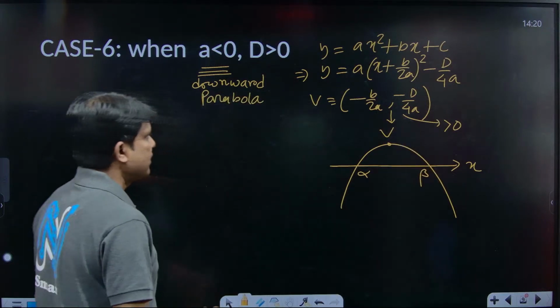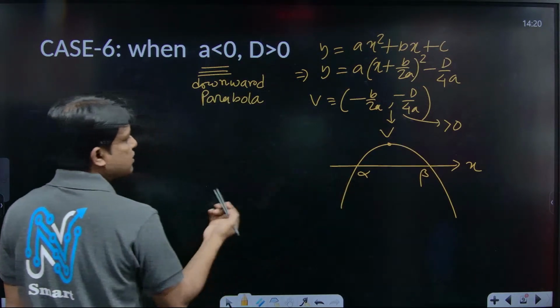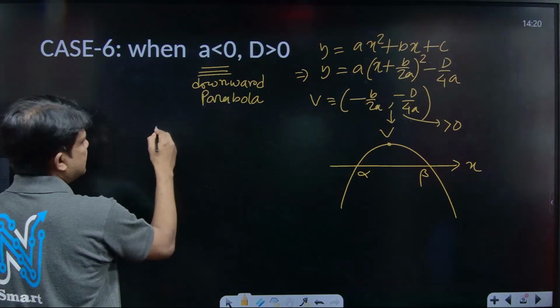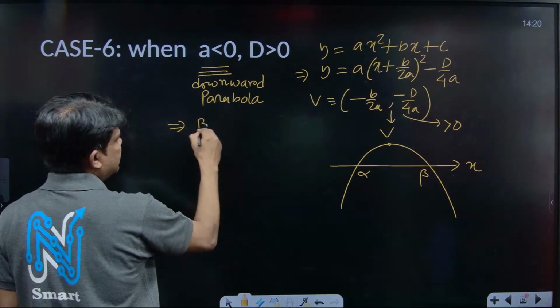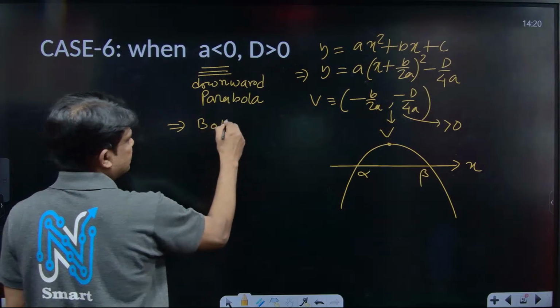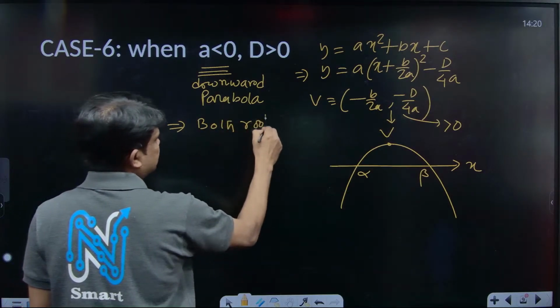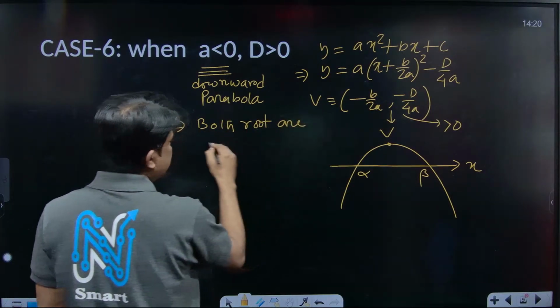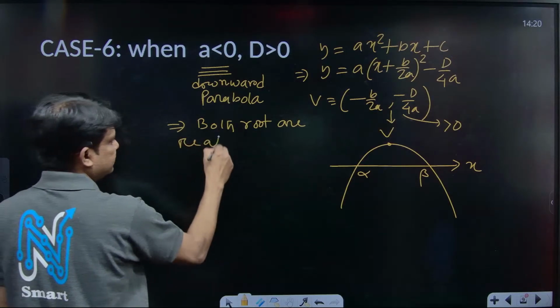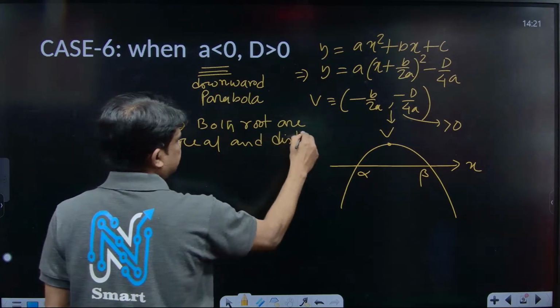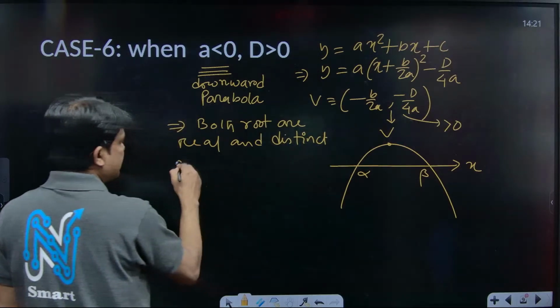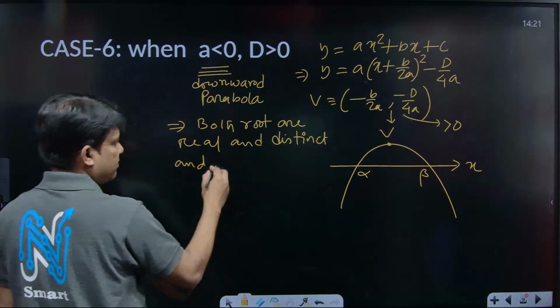That's why when D is strictly positive, it has two distinct real roots. That means this is the condition: both roots are real and distinct, and the maximum value is positive.